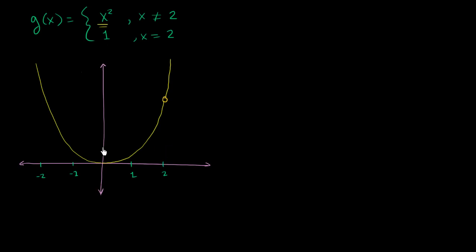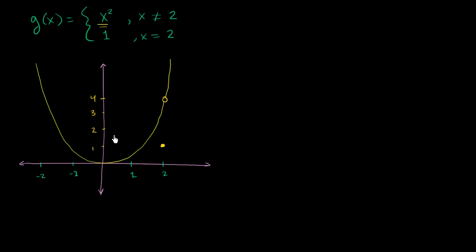I'm not doing them on the same scale, but on the graph of f of x is equal to x squared, this would be 4. This would be 2. This would be 1. This would be 3. So when x is equal to 2, our function is equal to 1. So this is a bit of a bizarre function, but we can define it this way.